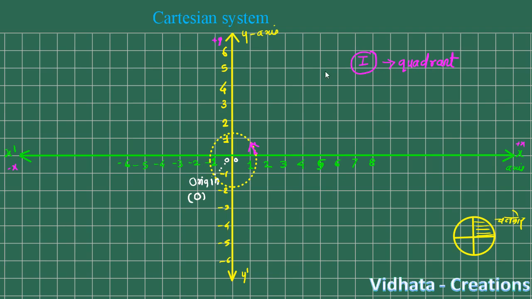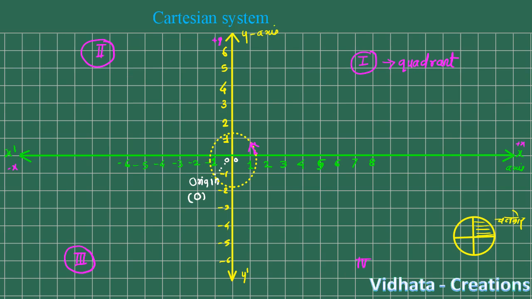This is called the first quadrant. Likewise, this is called the second quadrant, and this is called the third quadrant. Like this you go anti-clockwise, and this will be the fourth quadrant.